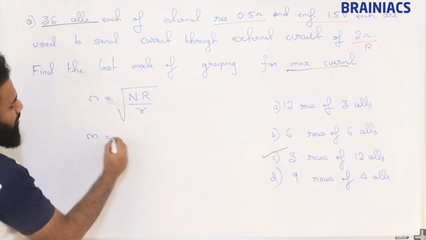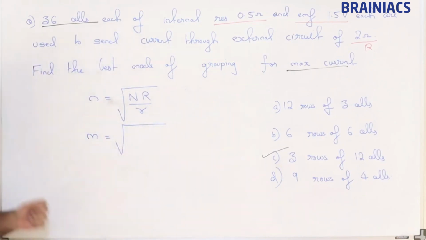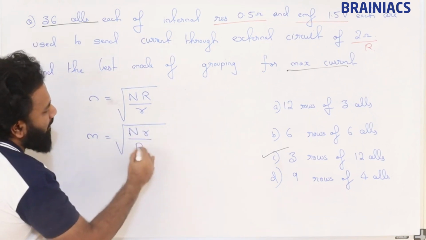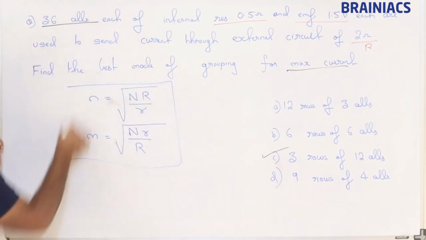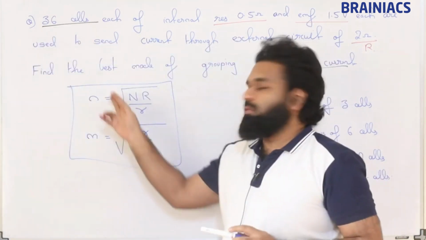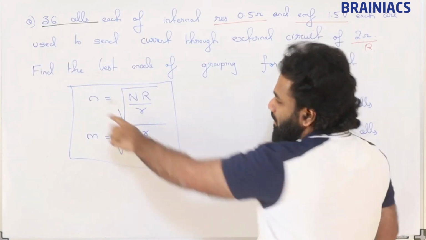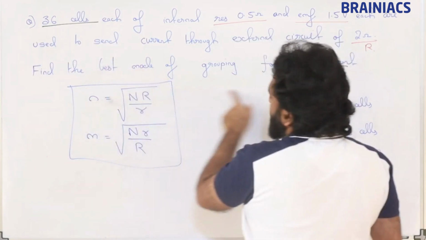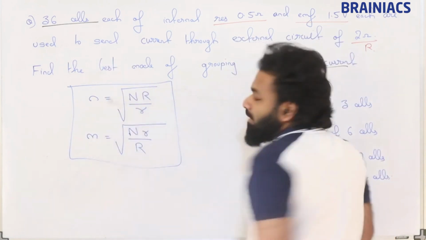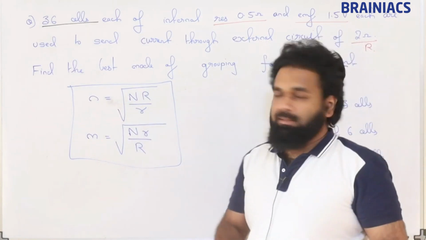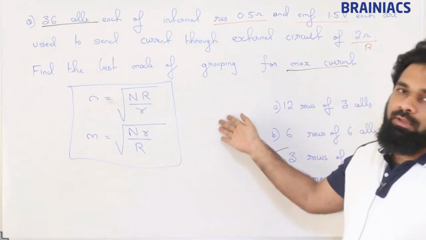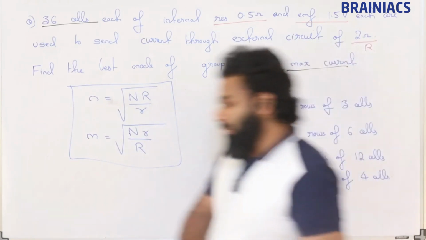Same way, number of rows, if we need to find, again same way, capital N into small r divided by R. So total number of rows we can find using this equation. This small n is nothing but the number of cells in each row. This capital N is nothing but the total number of cells. R is external resistance, r is internal resistance. Use this. Verify whether you are getting the answer for this question also.